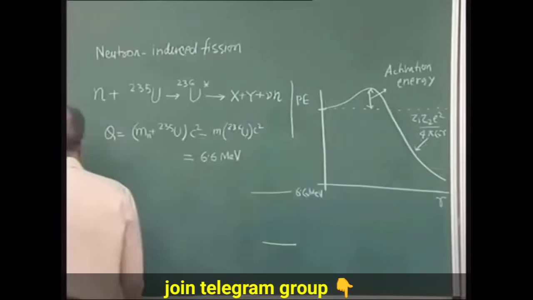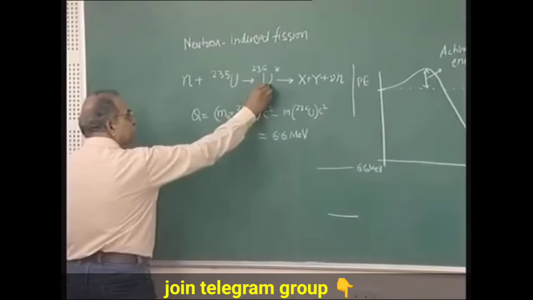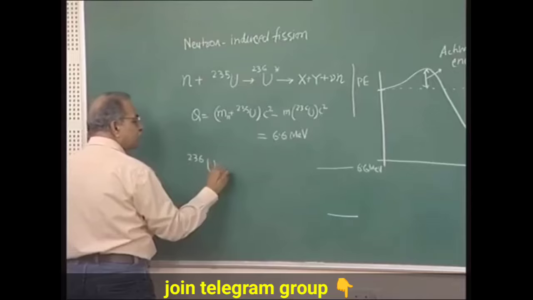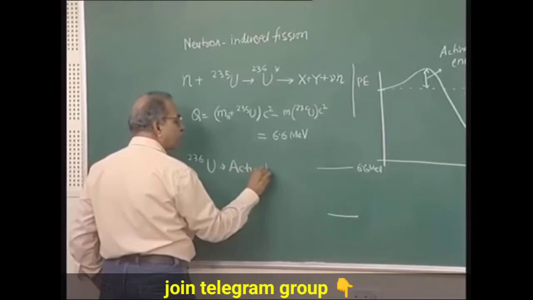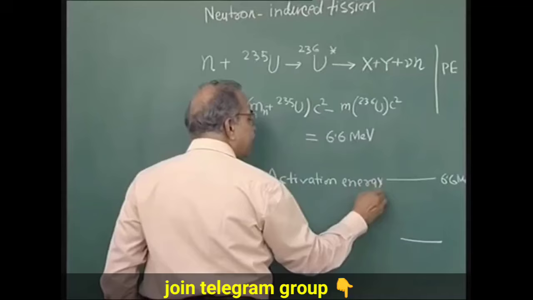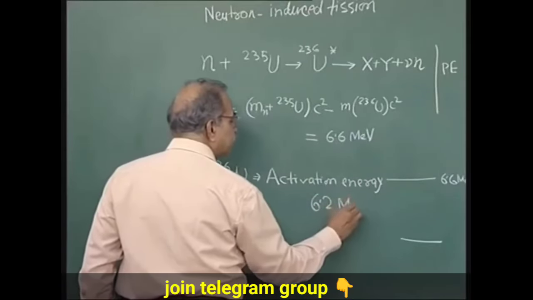And if you calculate for this particular element, uranium 236, different models will give you different values, but typically this is 6.2 MeV.